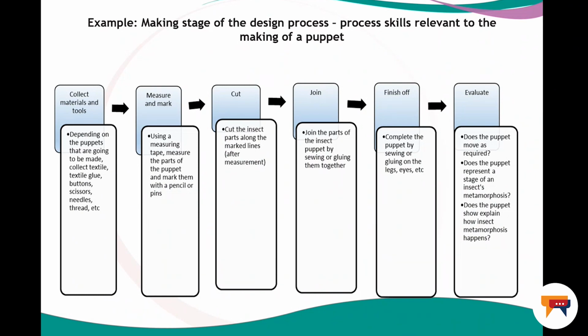When they're evaluating, does it basically do what they intended it to do? So it's very important that we consider all of this, and go through each stage very clearly with our students, especially with foundation phase learners who need that guidance and support through the process.